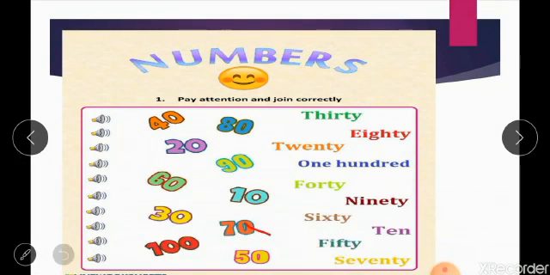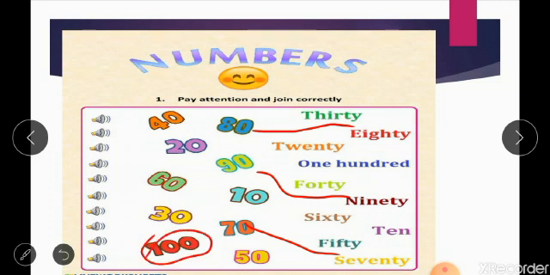So we can write like this. Again 80. Where is 80? Here 80 is here. So I can join with 80. 90. 90 is here. Finally my big number 100, that is 100.